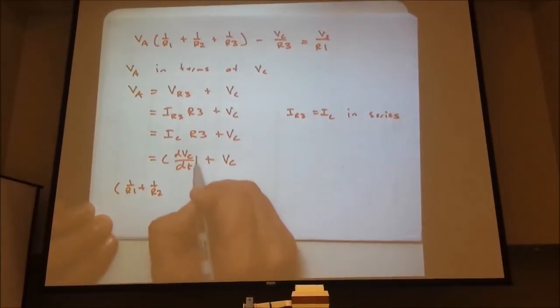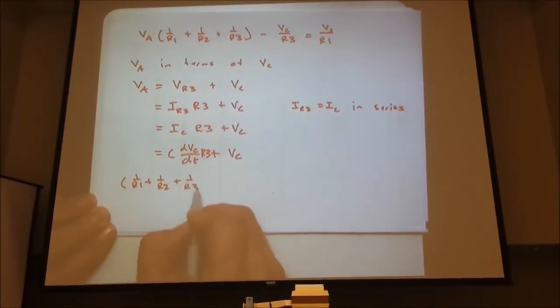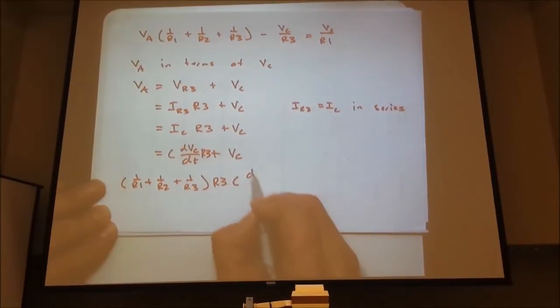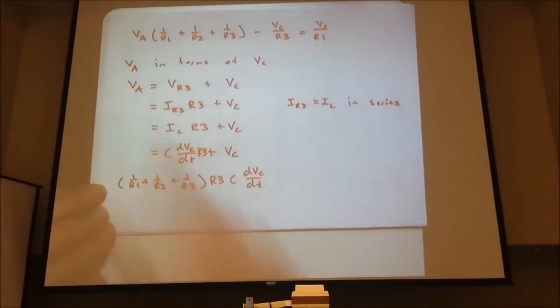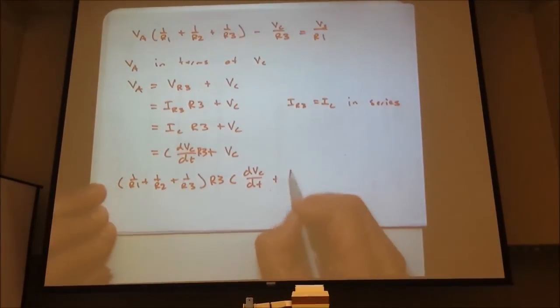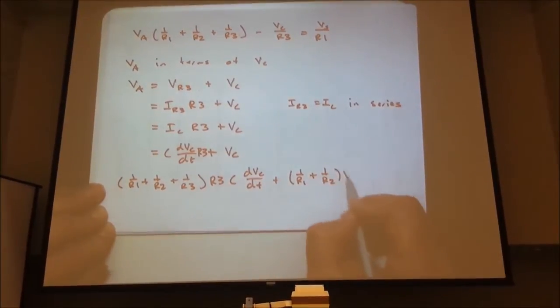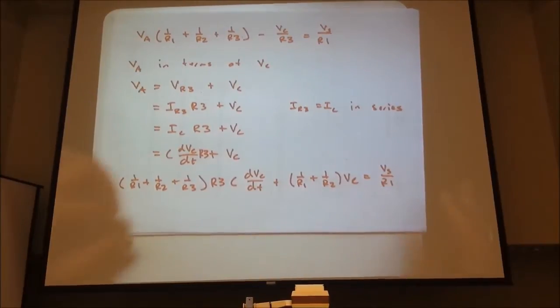Oh, and I left off R3 in there. Sorry. Plus 1 over R3 times R3C dVC by dt. And then we can substitute in our other term, plus 1 over R1 plus 1 over R2 VC equals V source over R1.